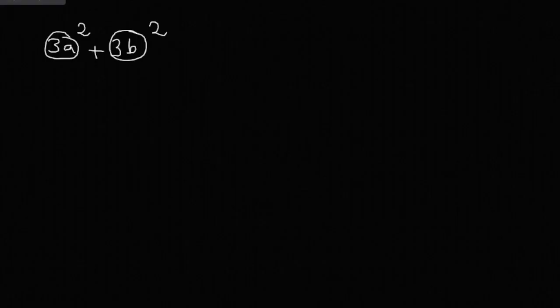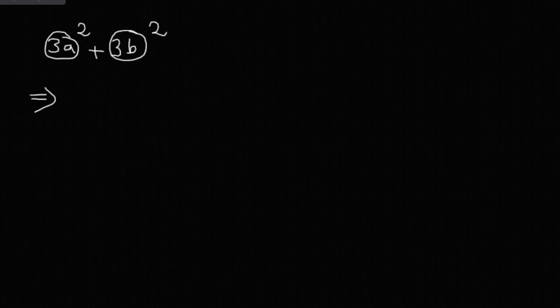Now square 3a and 3b and then add. The left hand side is pc cos theta and pc sin theta, which on squaring gives p square c square into cos square theta plus sin square theta. You know that cos square theta plus sin square theta is 1.